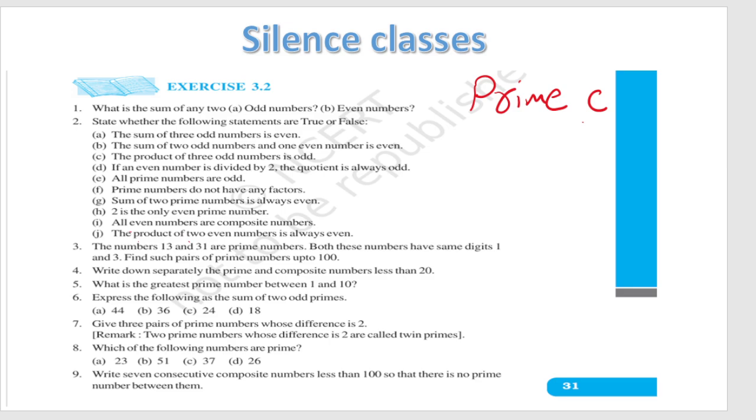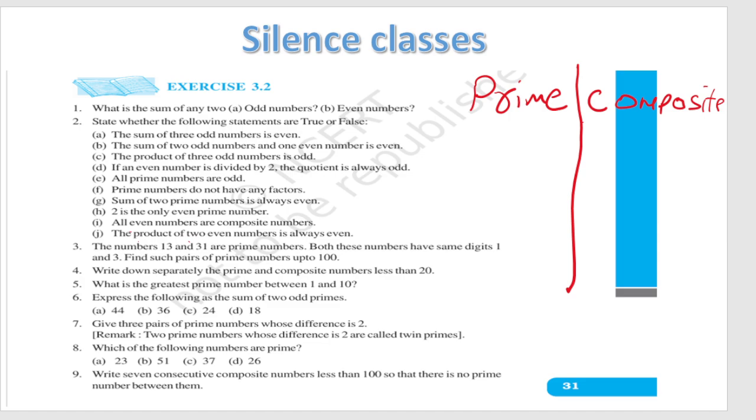Like this. Now calculate which are the prime numbers and which are the composite numbers. You have to find them less than 20.